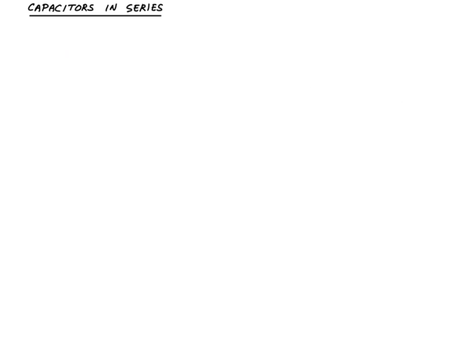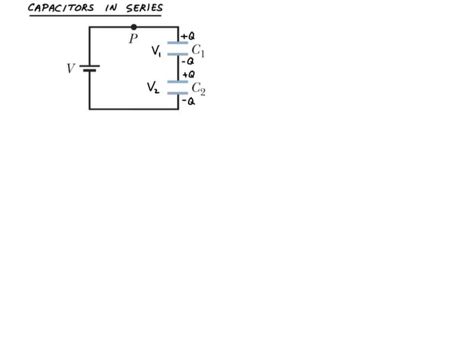So let's look at capacitors in series. Here we have a circuit that looks like this. Now you have two capacitors arranged so that one occurs right after the other. When they're connected to the battery, charges will flow from the battery over to capacitance C1, plus Q on this side.